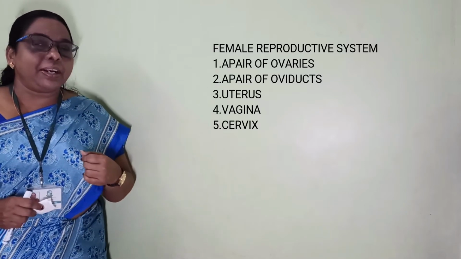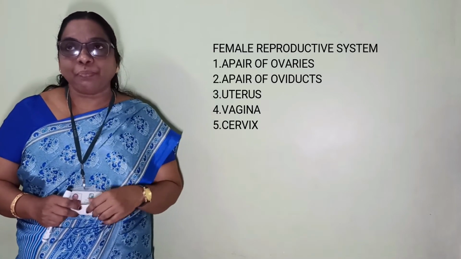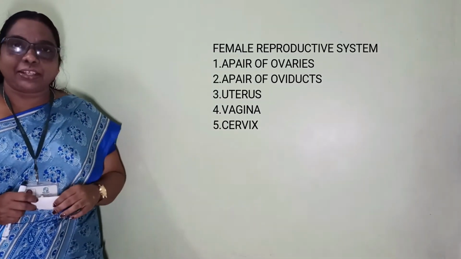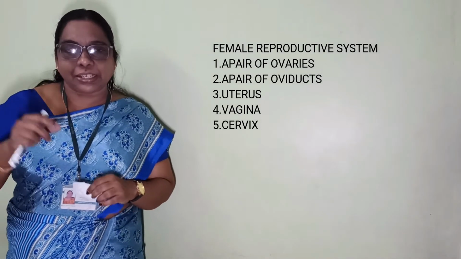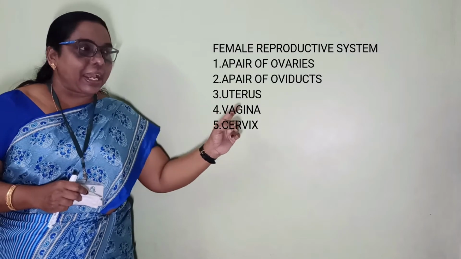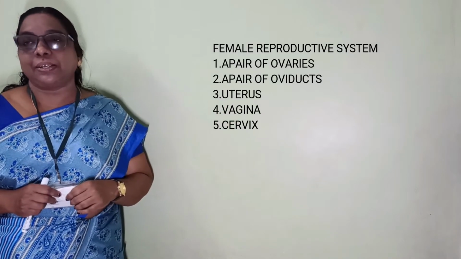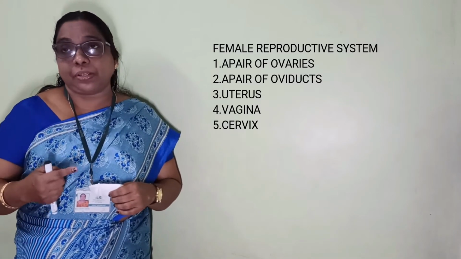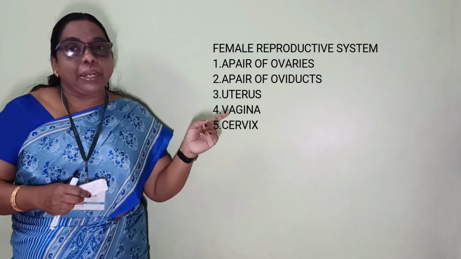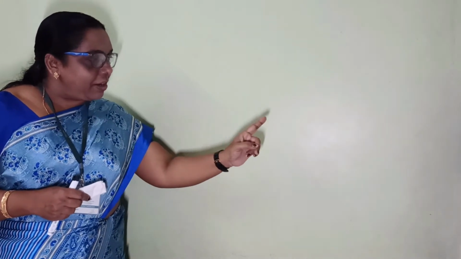As we already studied all these points in an online class, let me brief them quickly. The pair of ovaries are almond shaped and attach to the elastic bag-like structure, the uterus. The uterus opens into the vagina through the cervix.